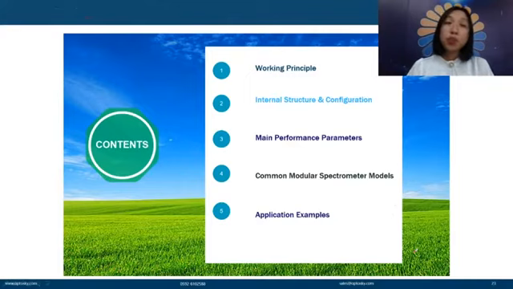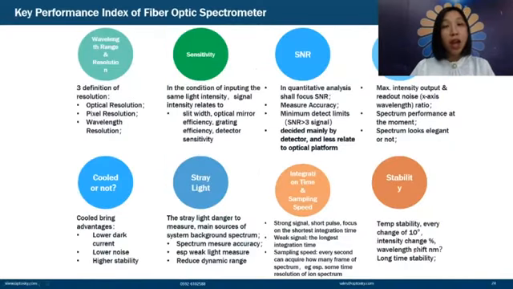In part 1, we have introduced the working principles and what factors can affect the spectrometer's performance. In part 2, we are going to introduce the internal structure and configurations of the spectrometers, so that you can know more about them.